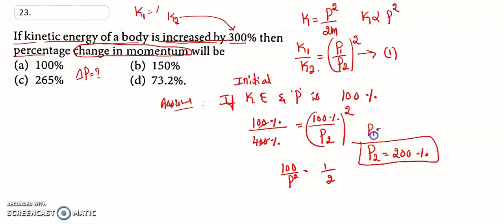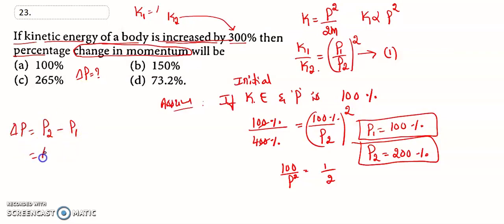So how much did we assume for P1? 100%. So what is the change in the momentum? Change in momentum is equal to P2 minus P1. So the answer is what? 100%. That is option A, the right answer for 23.